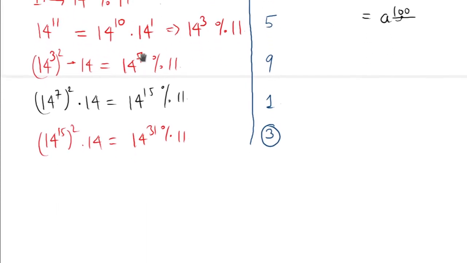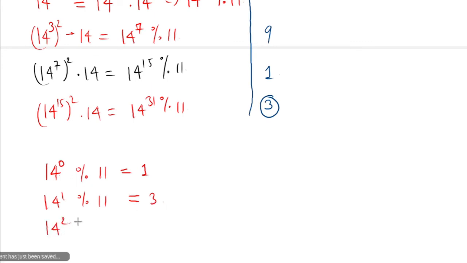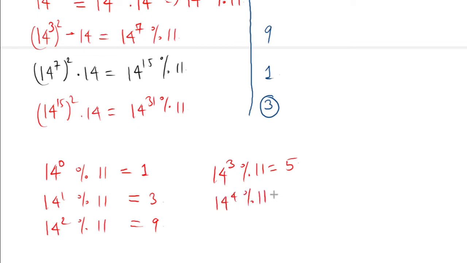And here is an interesting observation that one can make. Let's say 14 raised to 0 mod 11 will give us the answer 1. 14 raised to 1 mod 11 gives us 3. 14 square mod of 11 gives us 9. 14 cube mod 11 gives us 5. 14 power 4 mod 11 gives us, this is 3 power 81, so this will become 4.